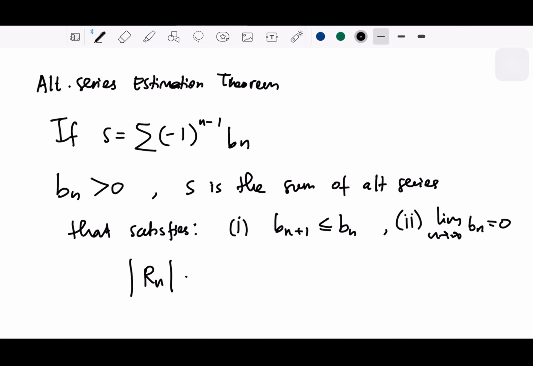The remainder is the difference between S and Sn, and it should be less than or equal to Bn+1.